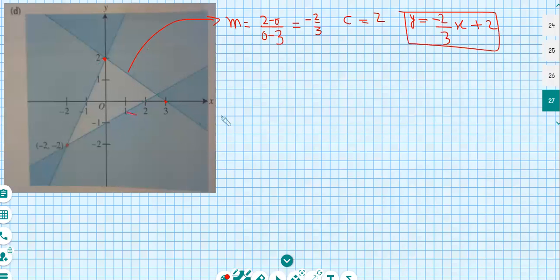Second one is this line. So I'm taking 2 points of this line. The first one is this point and the second one is this. So these 2 points will give a gradient. M is equal to y2 minus y1. So this is 0 minus minus 2. This is rise over run. Run is 2 minus minus 2.